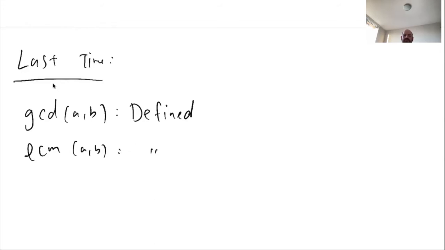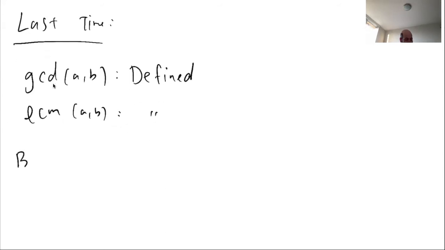For GCD, you look at the common prime factors, use the smallest power between A and B, and then multiply them. For LCM, you use the maximum power between all the prime factors that appear in either A or B, and then multiply them.